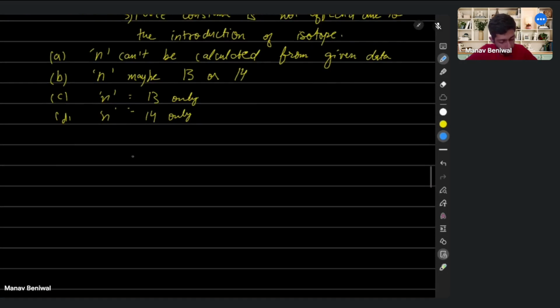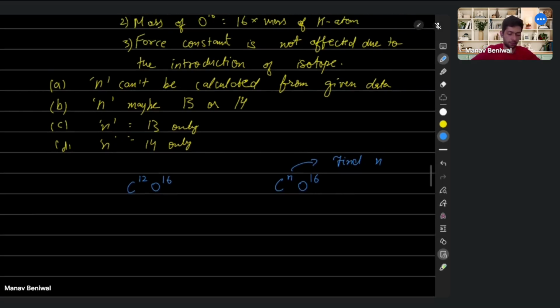One molecule that we have is C12O16, and the other molecule has an isotope of carbon, but oxygen is the same. So CnO16, and we have to find which isotope of carbon this is. So we have to find N.